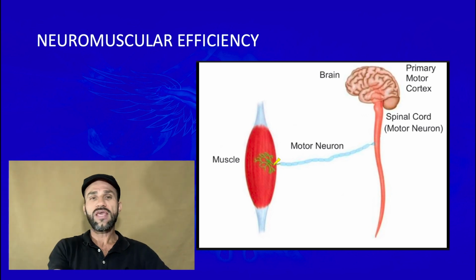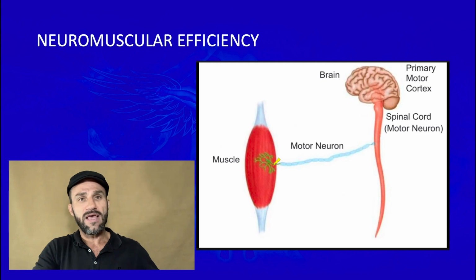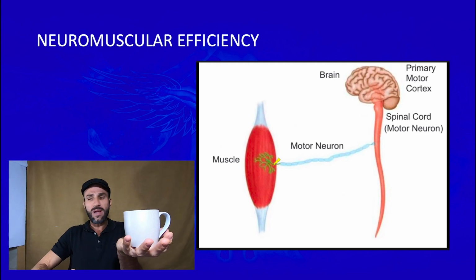Let me take one example here. Let's say I'm holding some weight in my hand and then I'm adding something else on top. For the first thing that I'm holding, my brain sends a message to my biceps to engage and hold this.